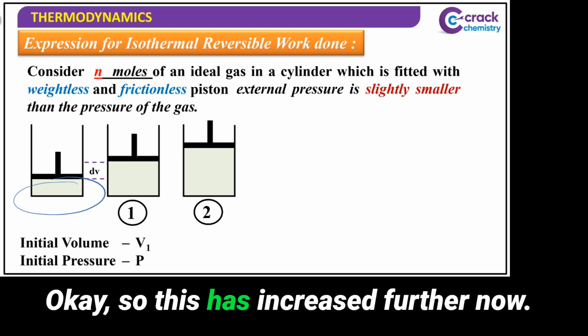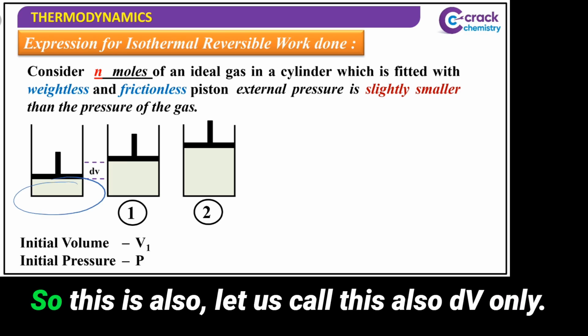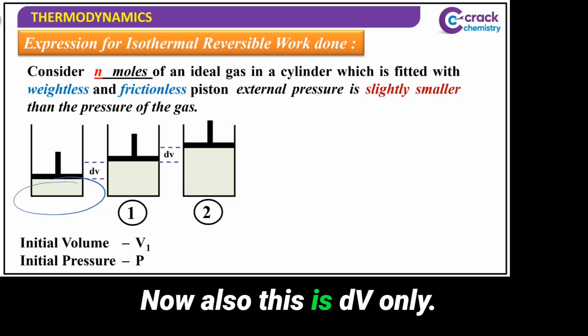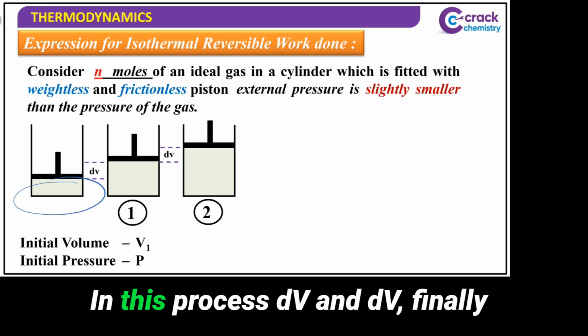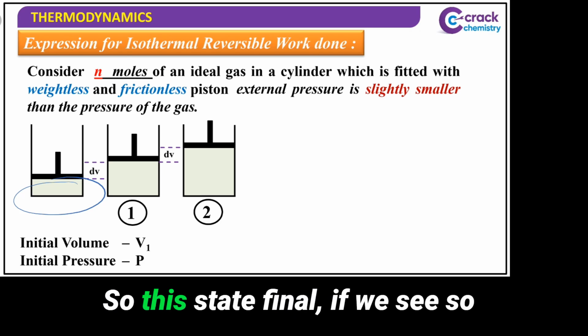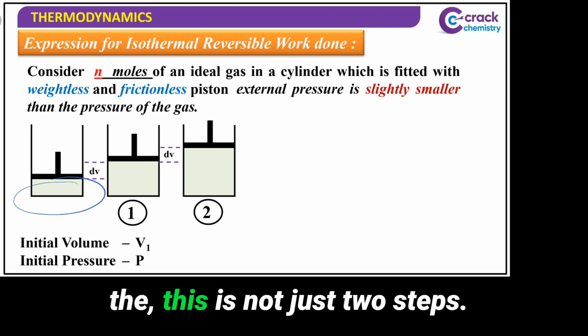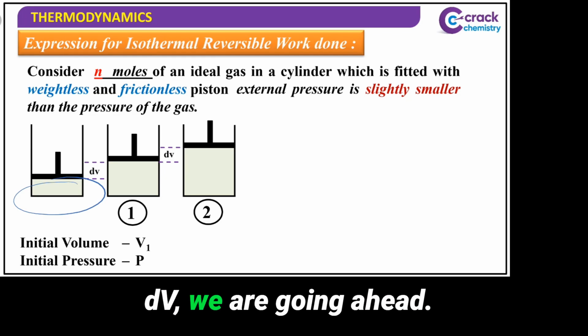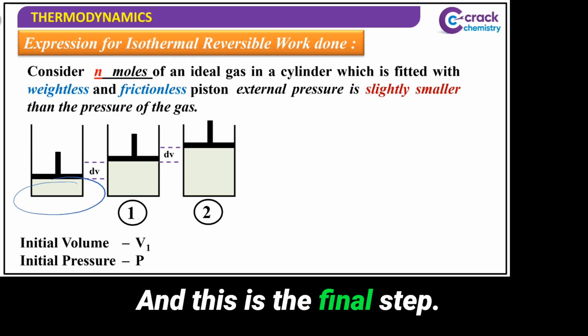So this has increased further now. Let us call this also dV only. So earlier it was dV, now also this is dV only. In this process, dV by dV, finally it has reached this state. This is not just two steps, there are a lot of steps that happened, and in this way we go ahead in dV steps, and this is the final step.